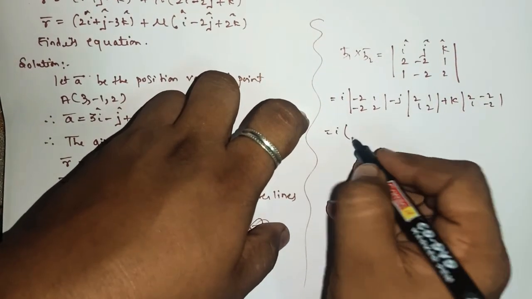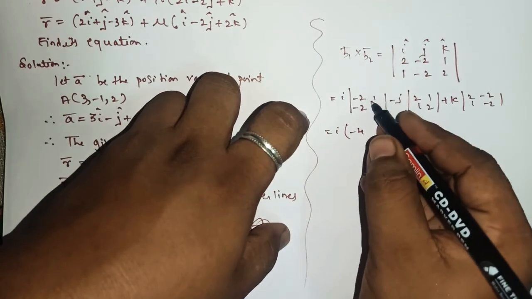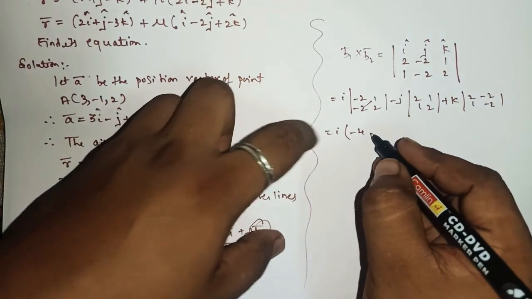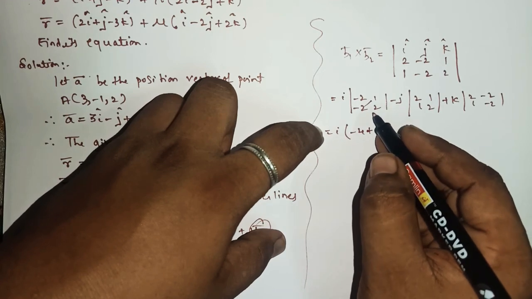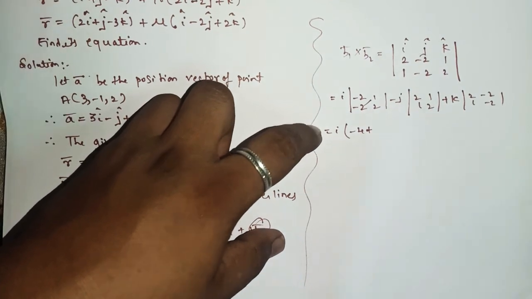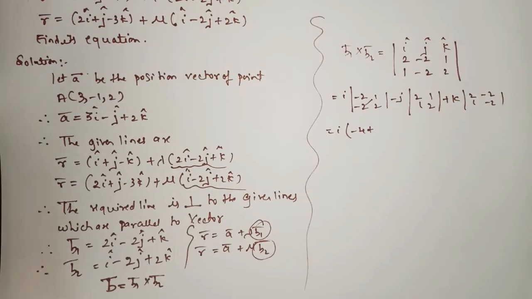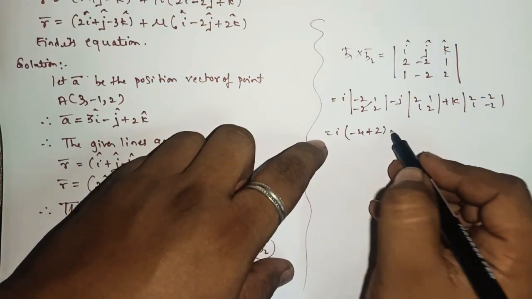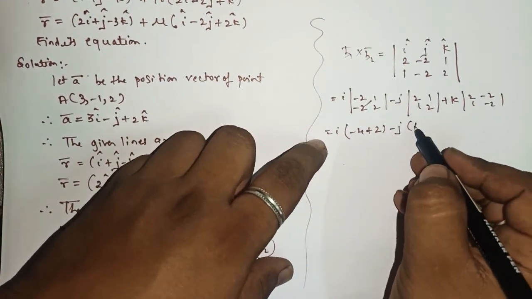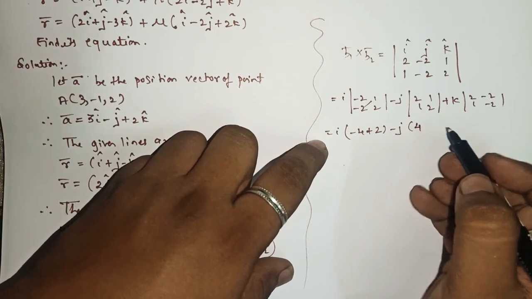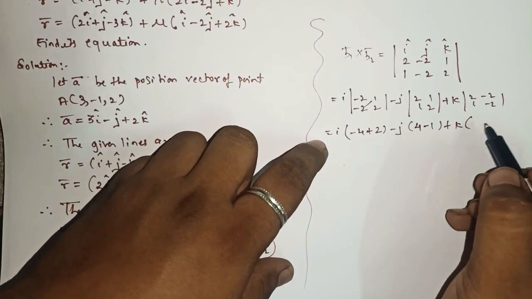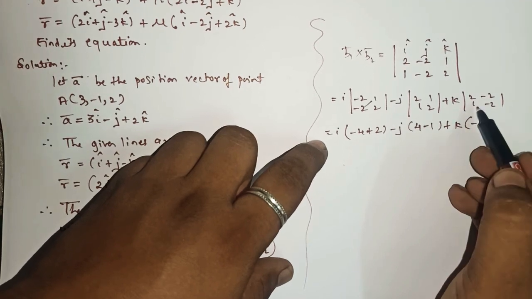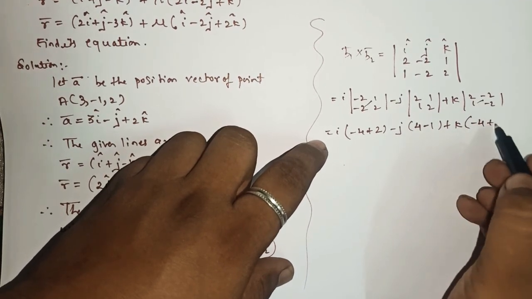So for i, minus 4, here we have the opposite symbol, so plus 2 will come.